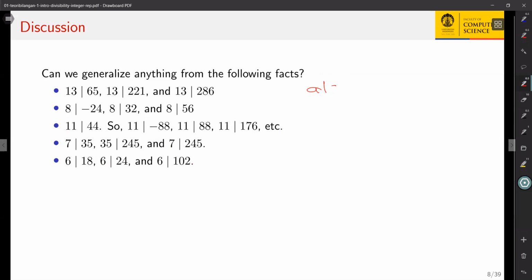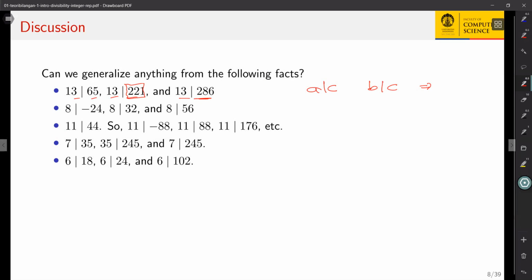A divides C, and you also have B divides C. What is 286? Can you get 286 from 221 and 65? Yes, sir. The sum of the two numbers. Right.